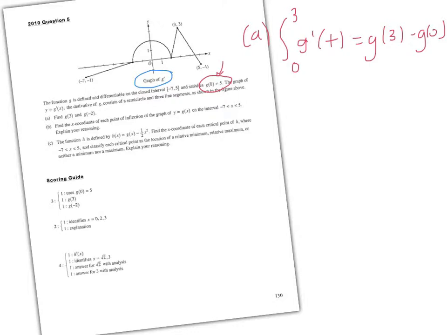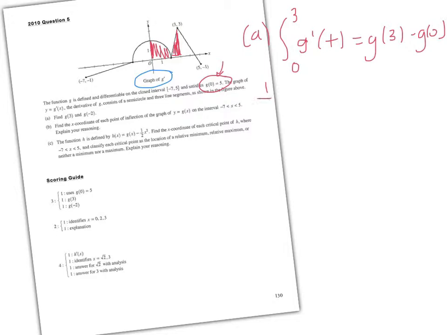I integrate g prime to get g. But the integral of g prime is the area on this graph from 0 to 3. So I look at 0 to 3, and I have a quarter of the circle and a little triangle. So I find the areas of both of those.